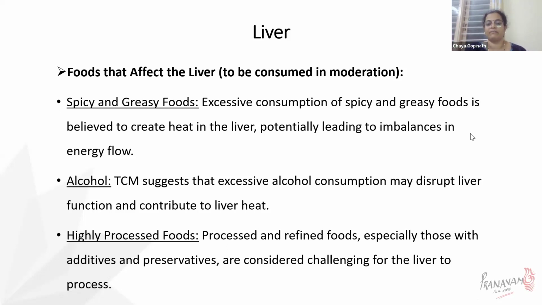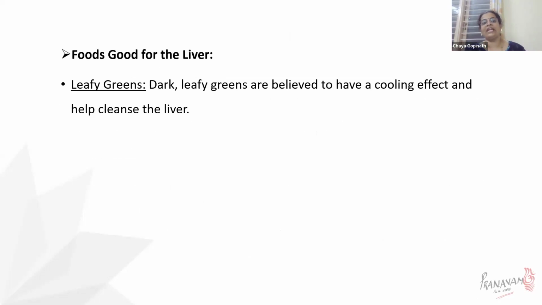Now, what kind of foods are good for the liver? Green leafy vegetables. Dark green leafy vegetables are believed to have a cooling effect, and they help in cleansing the liver. So people who have excess toxins in them, who have the urge or the requirement to detox, can have green juices in the morning. What is green juice?